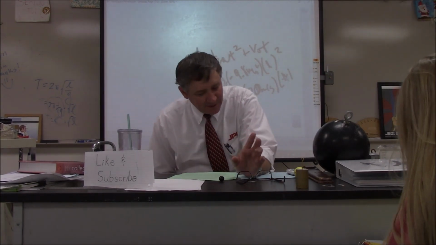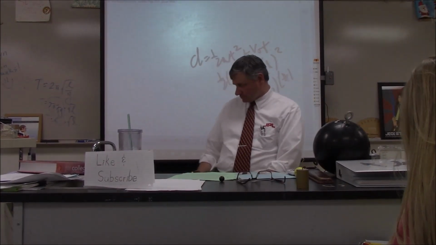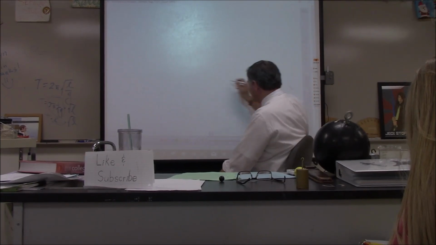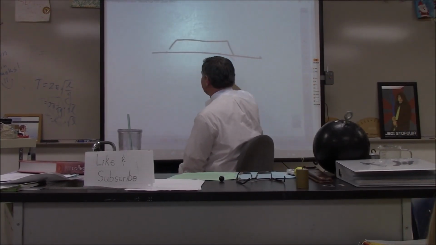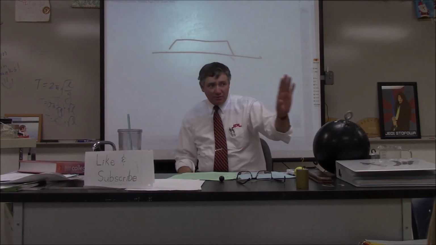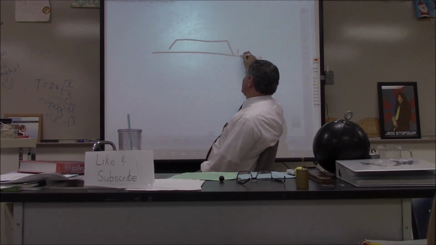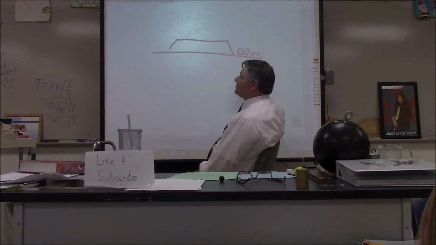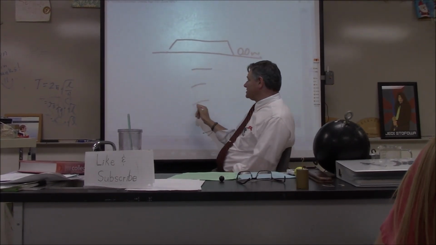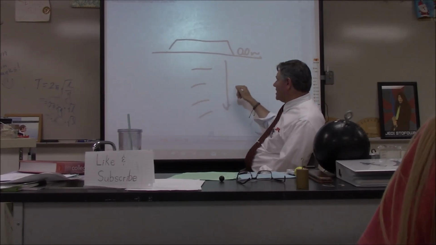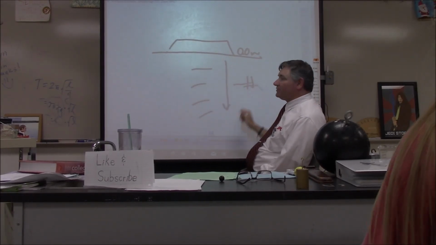Let me paint the picture on number 5. You're standing on top of a bridge and you're going to drop a rock. To make sure everybody's cool, we're going to make the bridge the reference point at 0.0 meters. All of your displacements and velocities going down are going to be negative numbers.